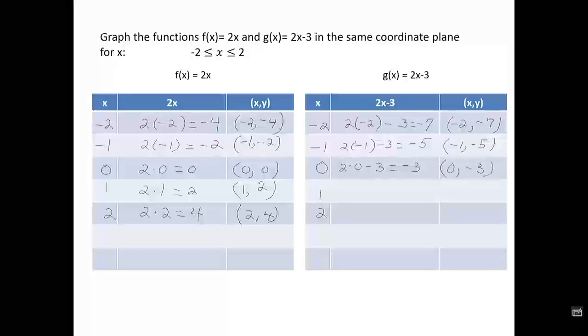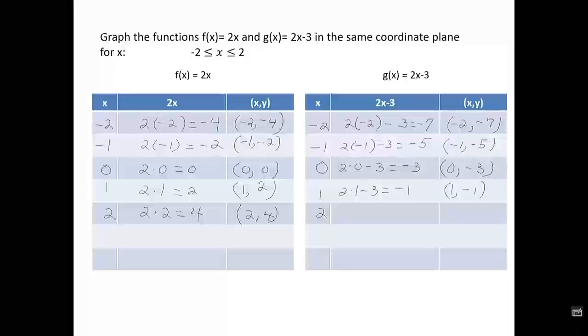When x is 1, we have 2 times 1 minus 3. 2 times 1 is 2, minus 3 is -1. The corresponding ordered pair is (1, -1).